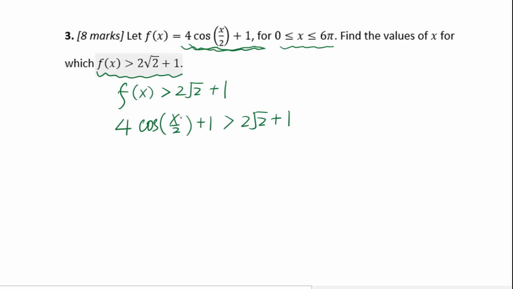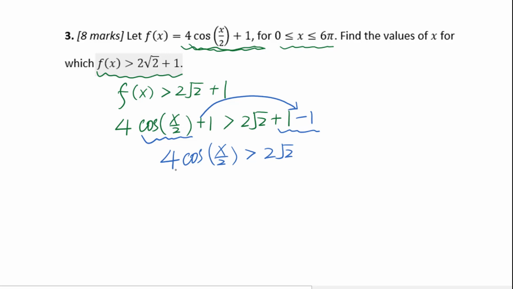Since this is a linear inequality, we need to isolate the cosine x over 2 on the left side of this inequality. So minus 1 on both sides, you will get 4 cosine x over 2 greater than, combining like terms, 2 square root of 2. Then we divide by 4 on both sides.